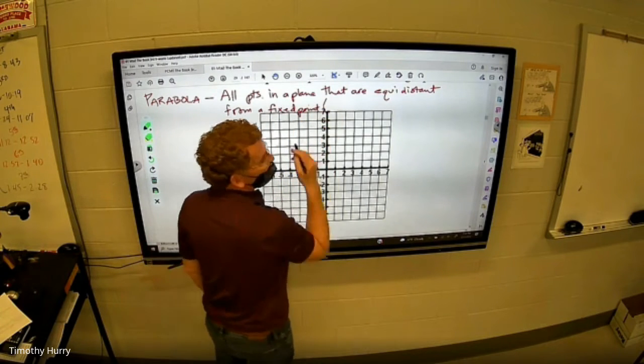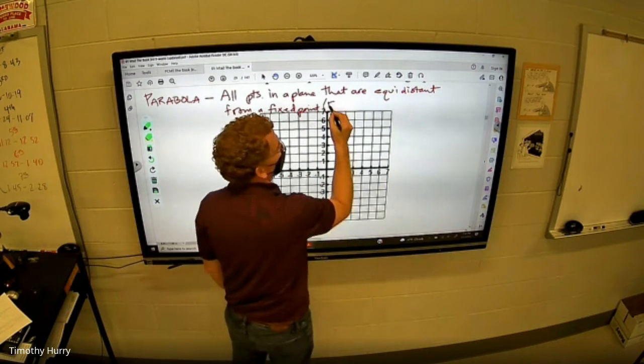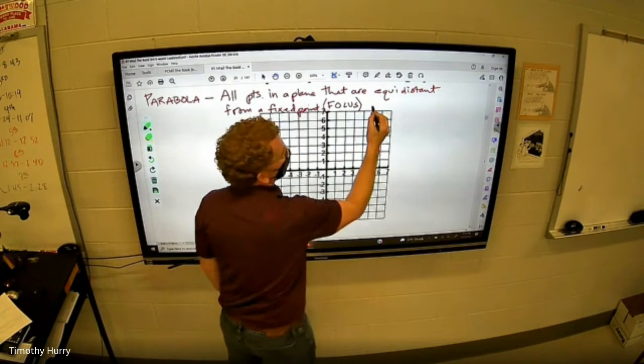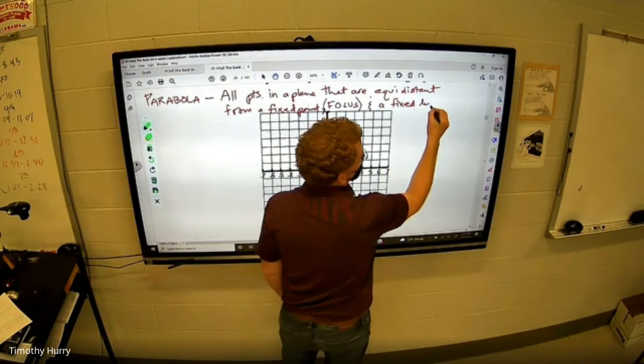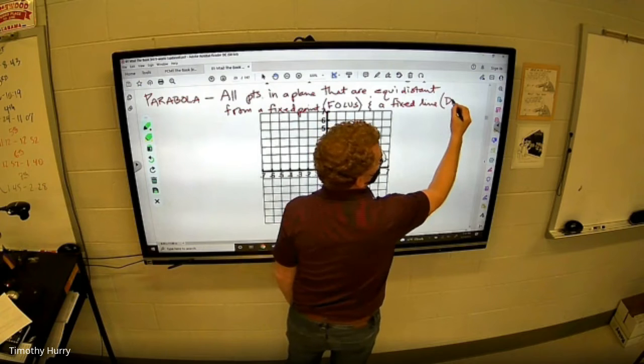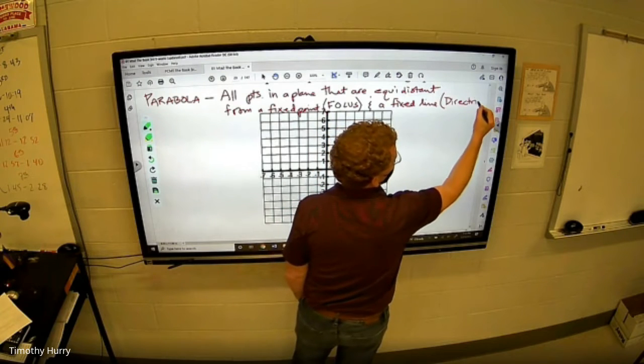And by the way, that fixed point is the focus, which we have talked about, and a fixed line. And the line is what we're introducing today officially, and that is the directrix.